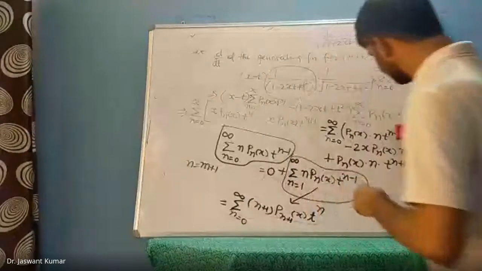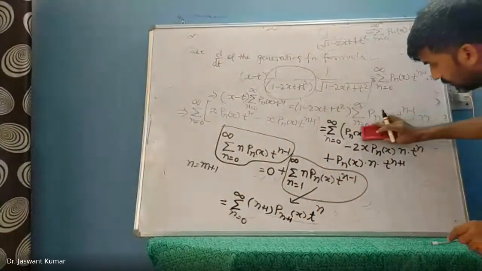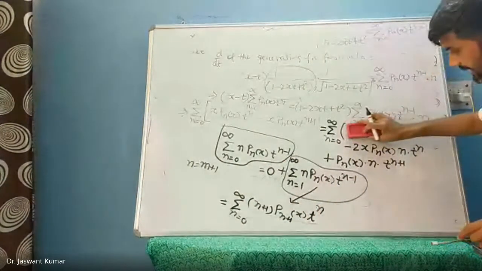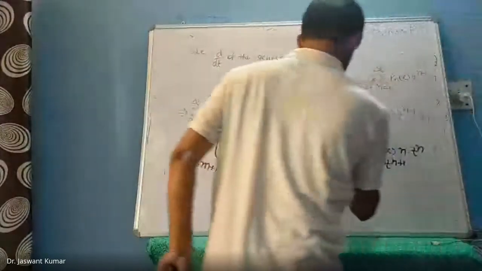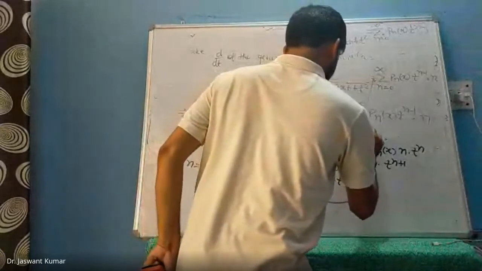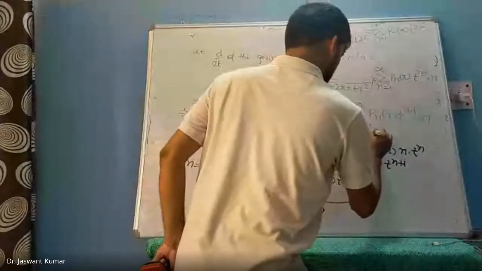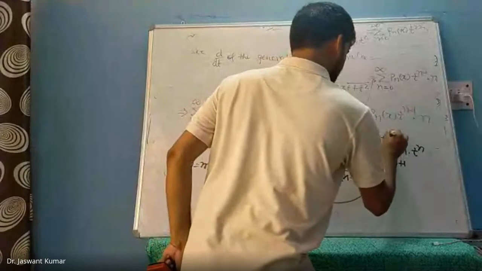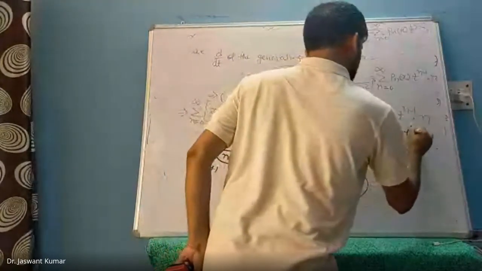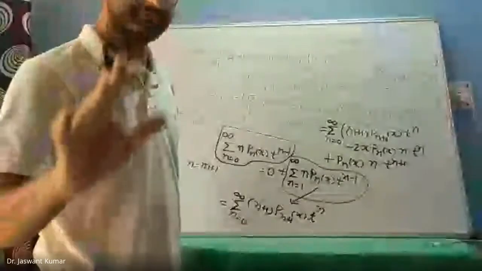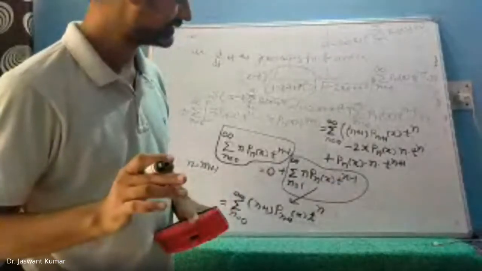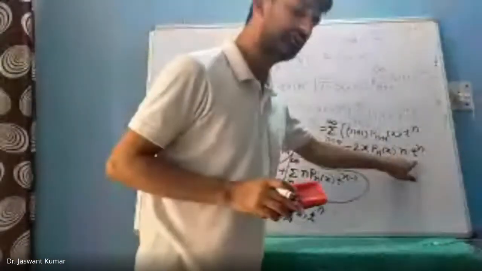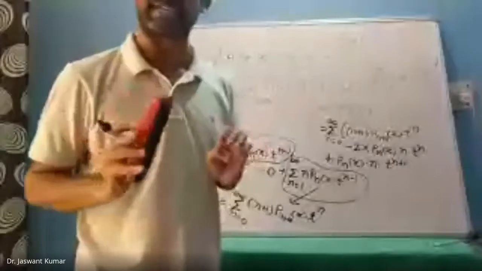What we will do is we will change this first term, not as n p n x t to the power n minus 1, but we will change it to some t to the power n term, which is n plus 1 times t to the power n. Everyone all right with this, right? Yes. The second term is t to the power n, so we are happy. We do not want to change anything.